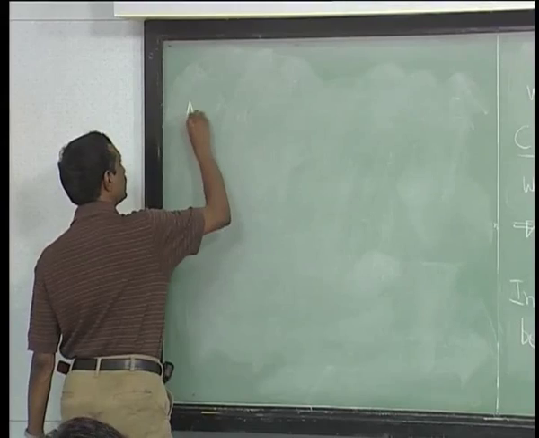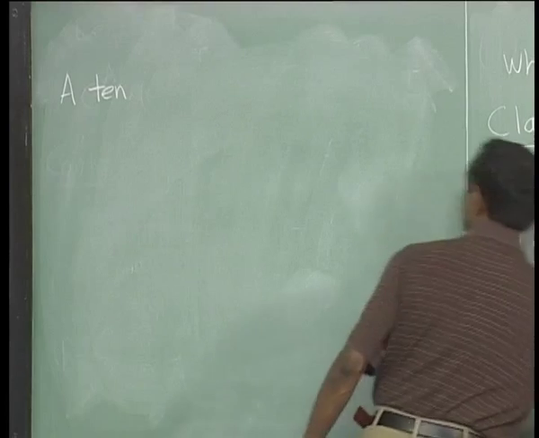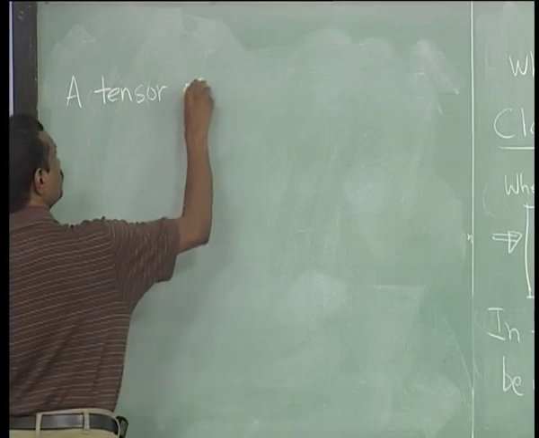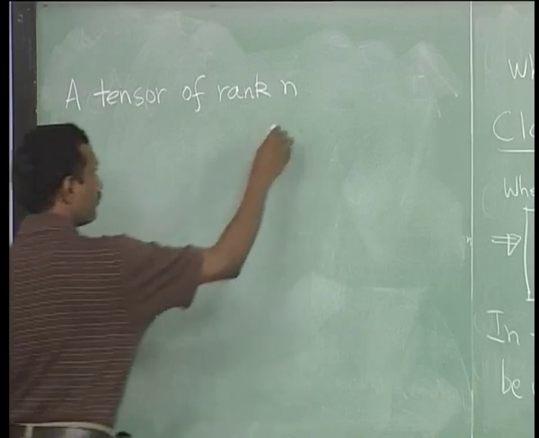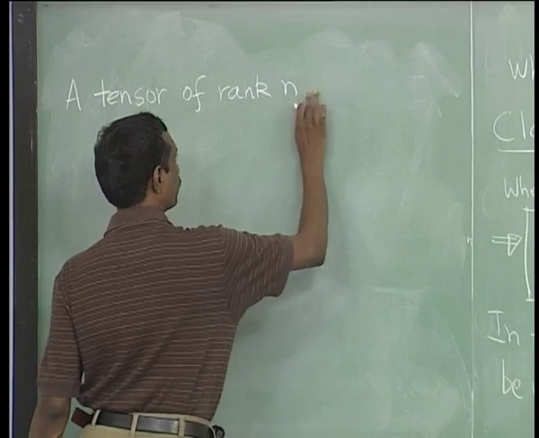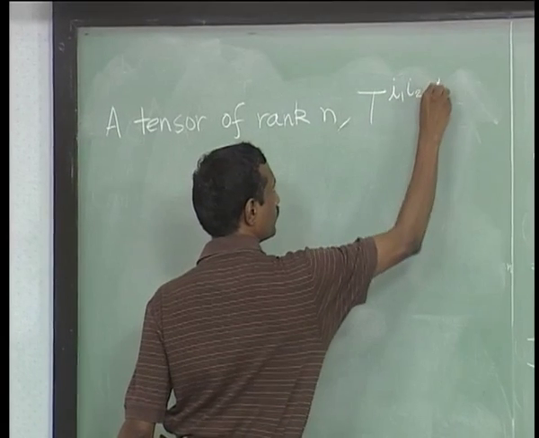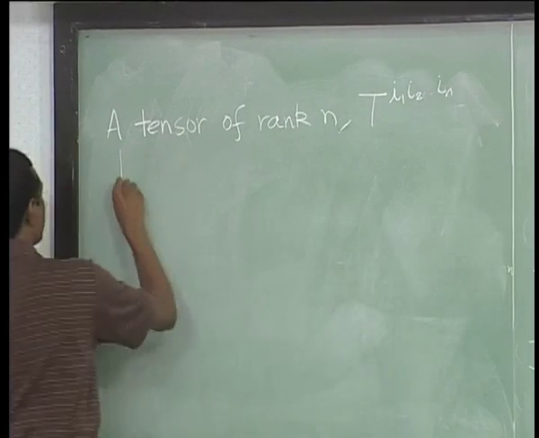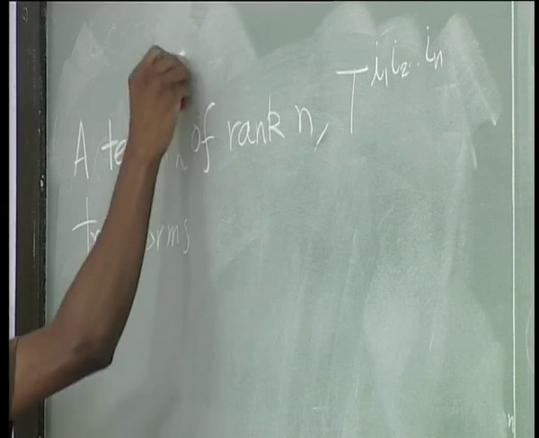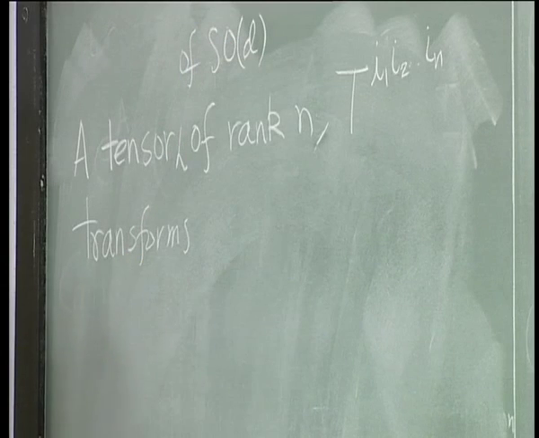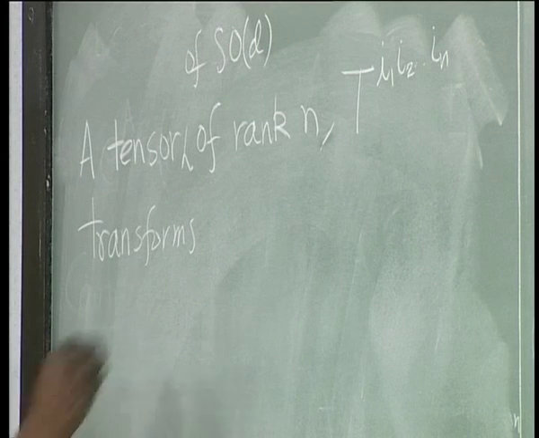So we will say that a tensor of rank n, let us call it some object which has n indices, a tensor of SOD, with indices I1, I2, up to In, each one of these taking d values, transforms as follows.